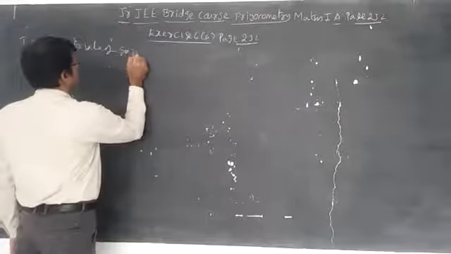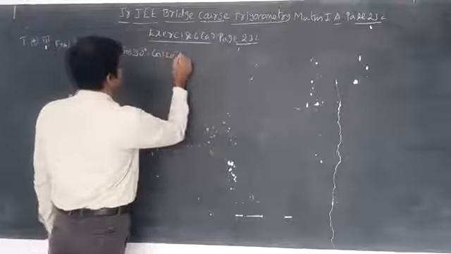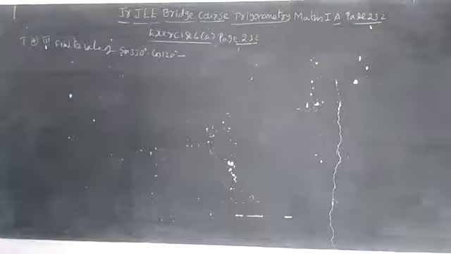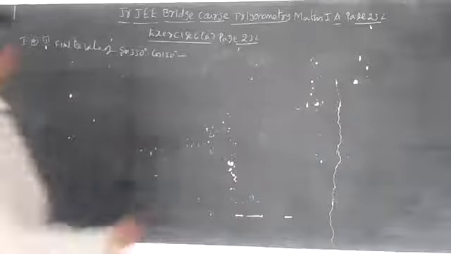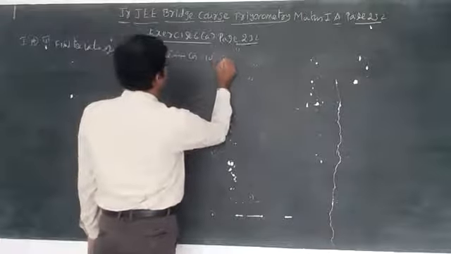Find the value of sin 330 degrees into cos 120 degrees plus cos 210 into sin 300.